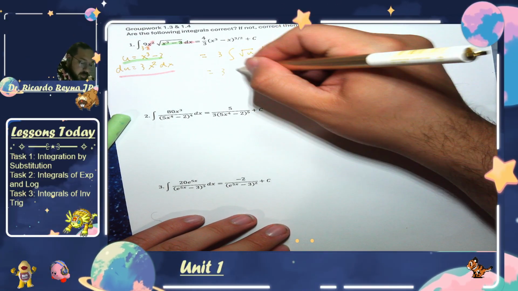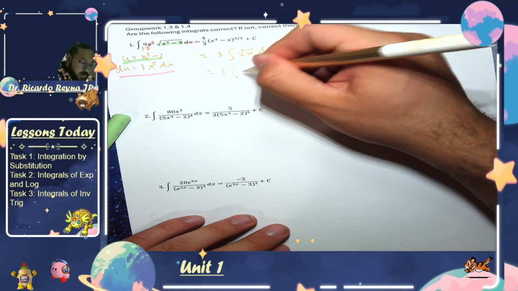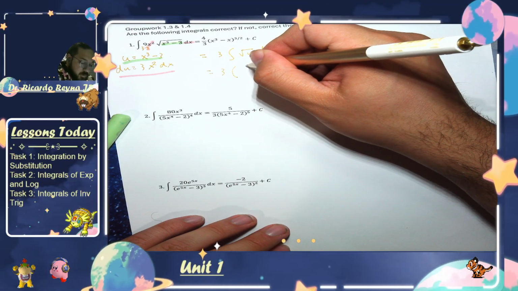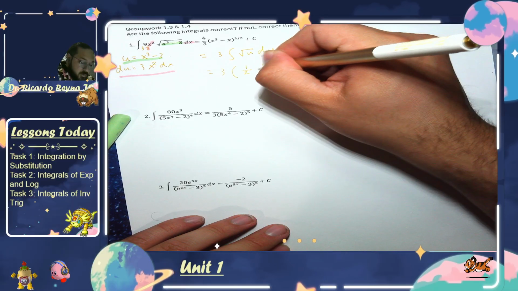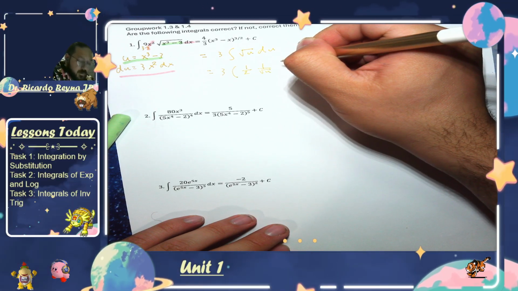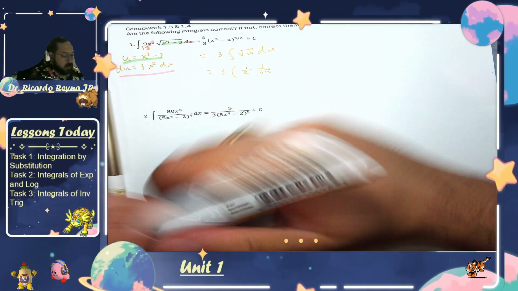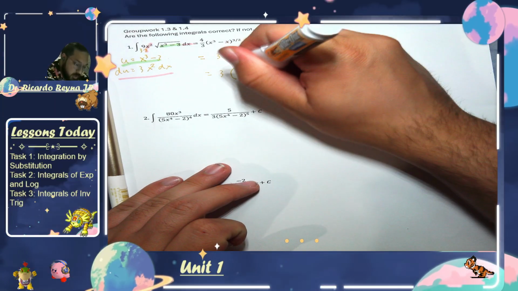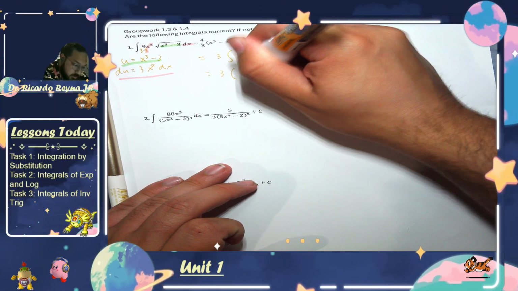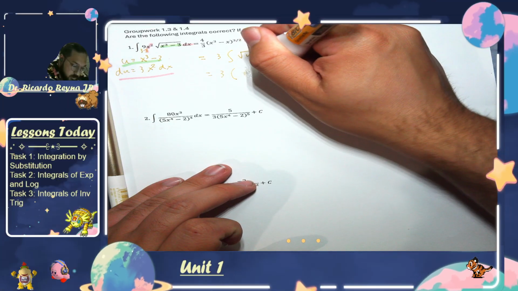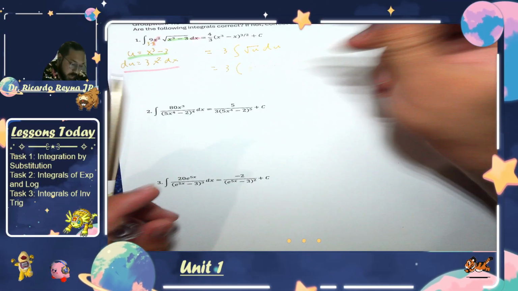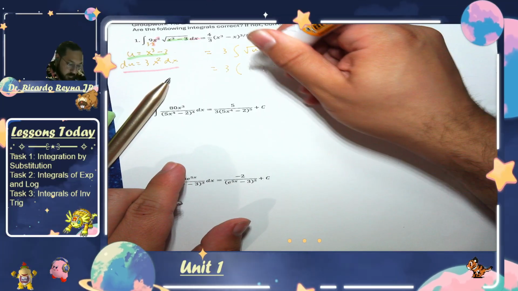So we have 3 parentheses 1 over 2, 1 over square root of u. Wait, oh, I did a derivative. That's my bad. I need to do the integral with a power rule. Let's see.